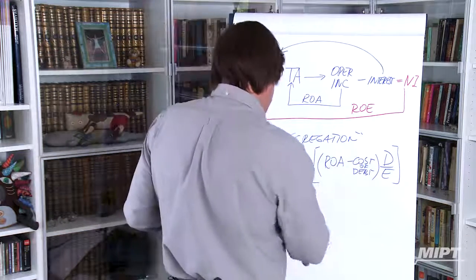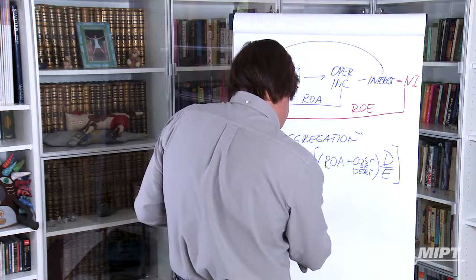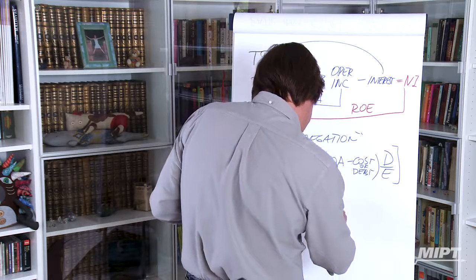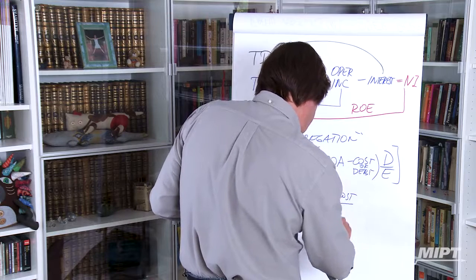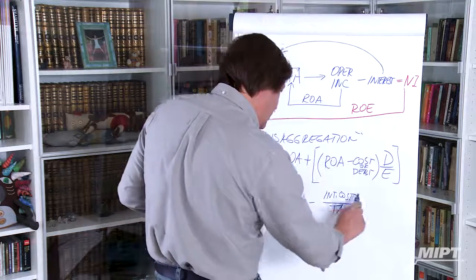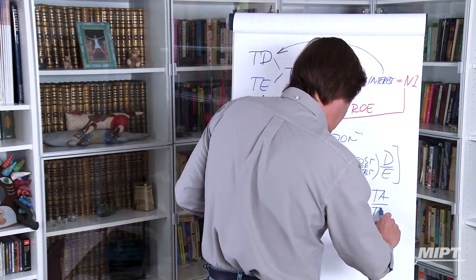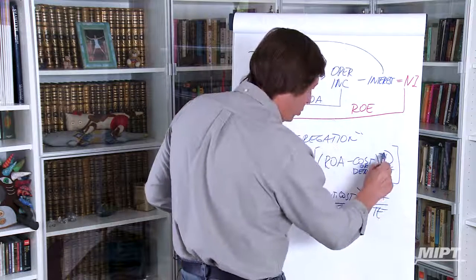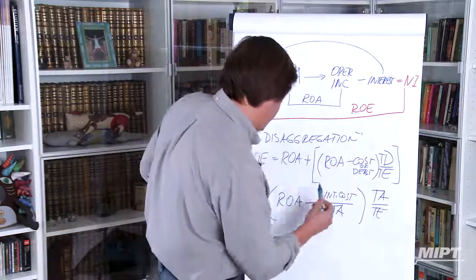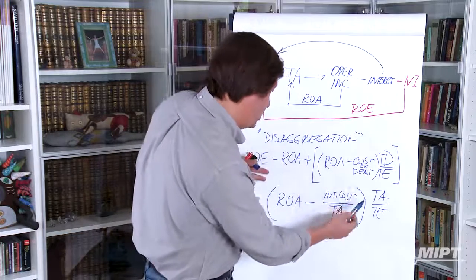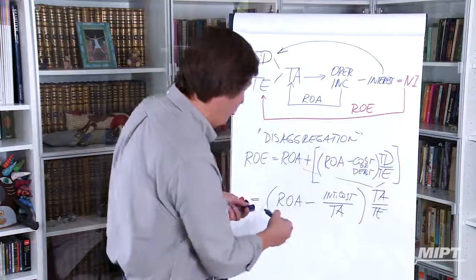And that can be rewritten as return on assets less interest cost divided by total assets, and that multiplied by total assets to total equity. Well, here I would have to put total debt to total equity, otherwise. And you can see basically that in this formula, you just take this part and that, then you combine the two and you arrive at this.